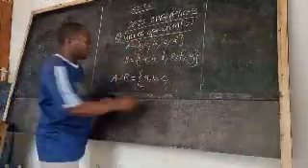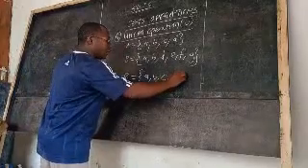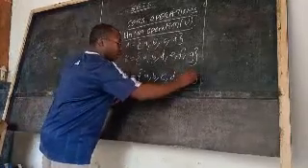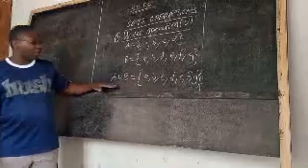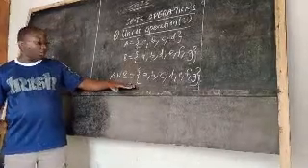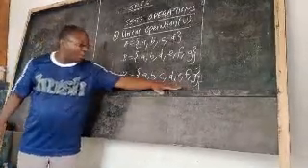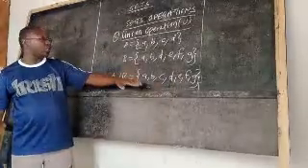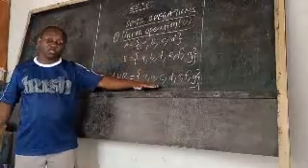So take C, then take D, take E, take F, and take G. So this is A union B. In a union set, all elements which are in set B and all elements which are in set A must be found in this set.